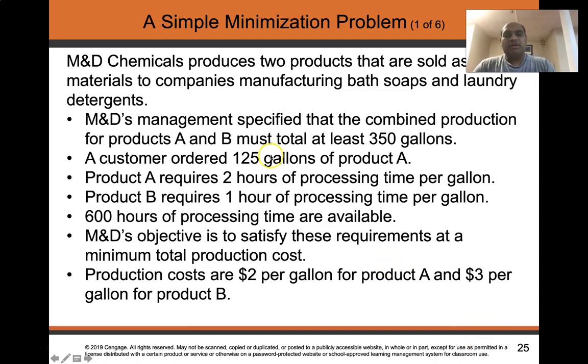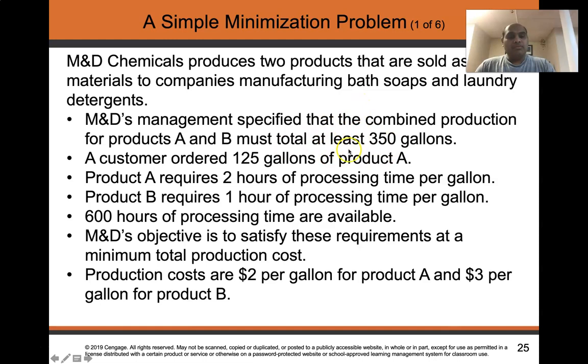Now a customer has ordered 125 gallons of product A. So again, you have to make at least 125 gallons of product A, because that's how much the customer has already ordered.